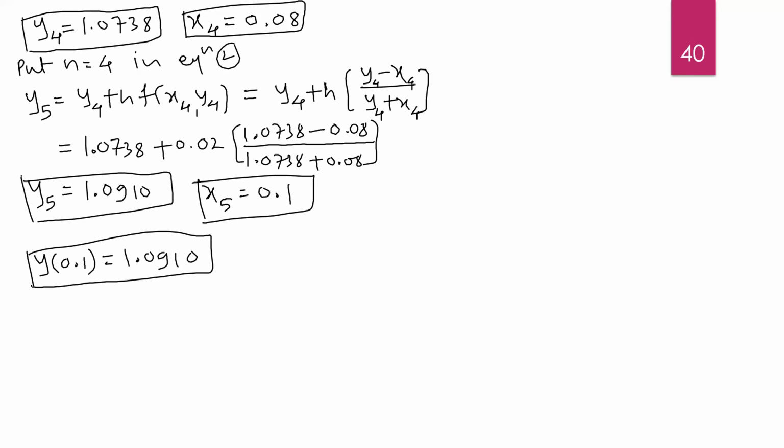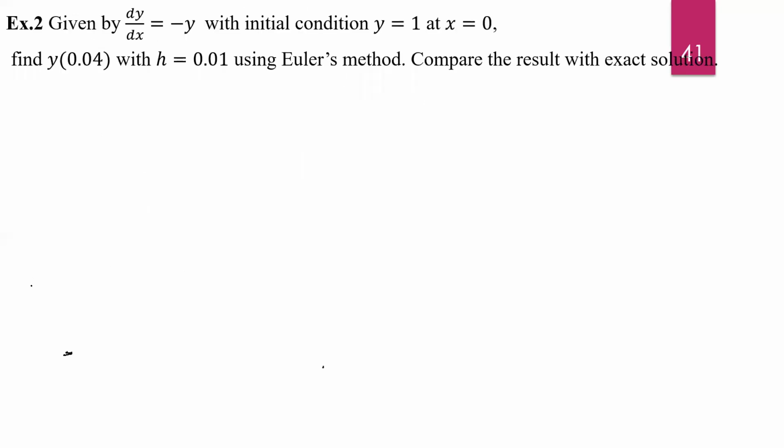Now next problem. Given initial value problem, dy by dx is equal to minus y with the condition y is equal to 1 at x equal to 0. Find y at 0.04 with h is 0.01.